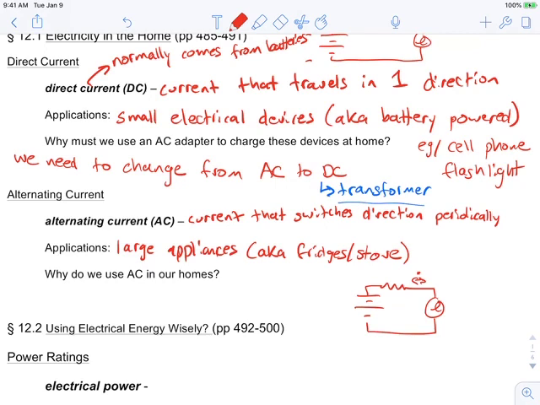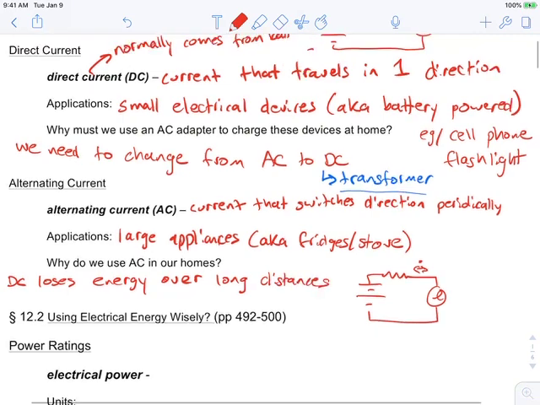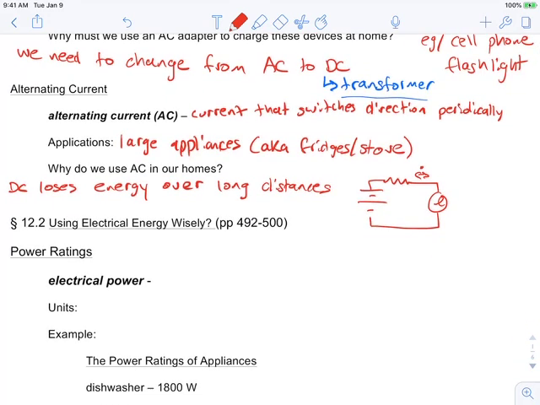But we use AC in our homes because DC loses energy over long distances. So DC is actually terrible at being transmitted over anything other than a couple of feet. If we're trying to get it from here to Niagara Falls, by the time that 100 volts of DC energy gets sent from Niagara Falls to us, it might be like 2 or 3 volts.